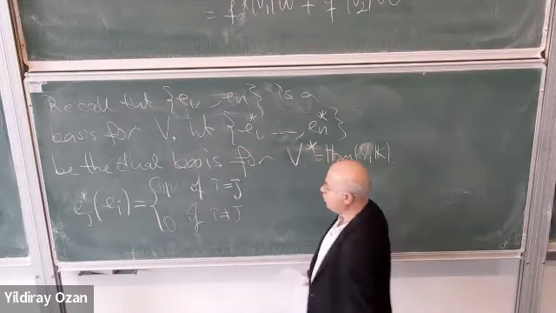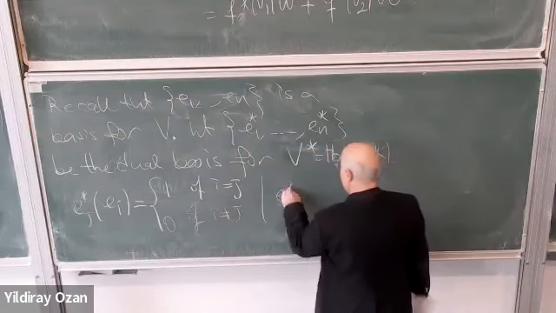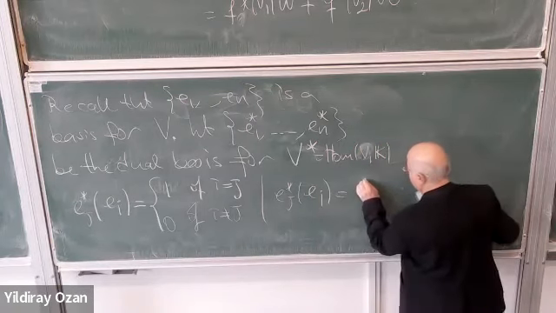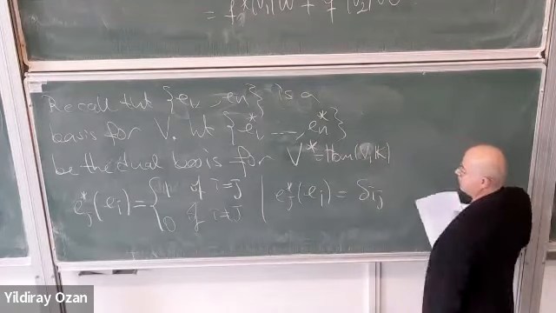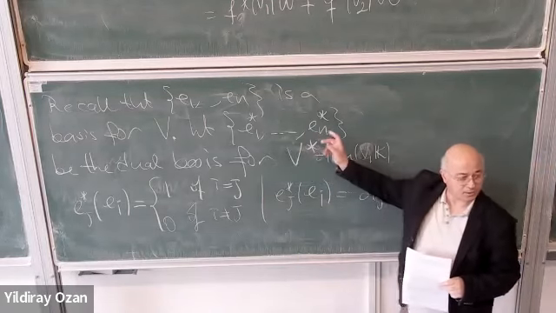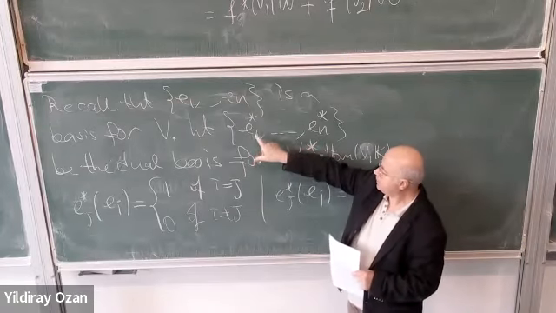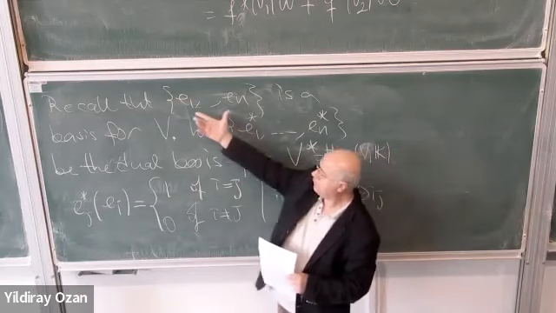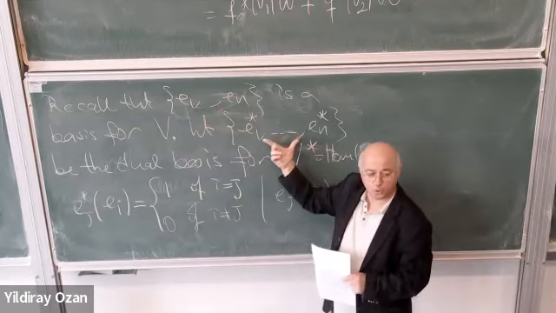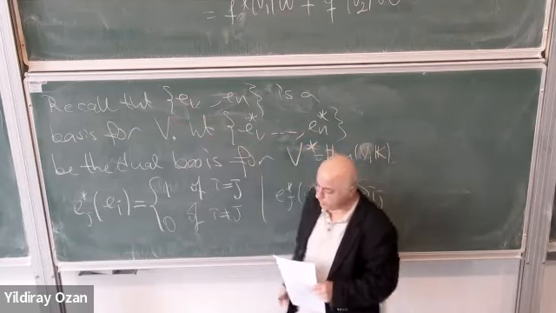So it is the Kronecker delta ij. Now, this star and that star are different. Here this Ei star means I have this basis, and then this gadget is the dual basis obtained from this basis.